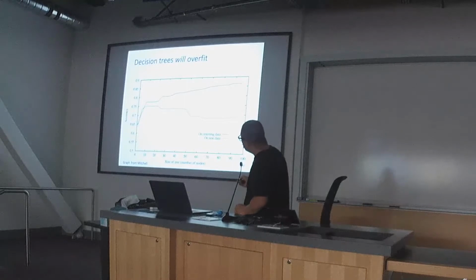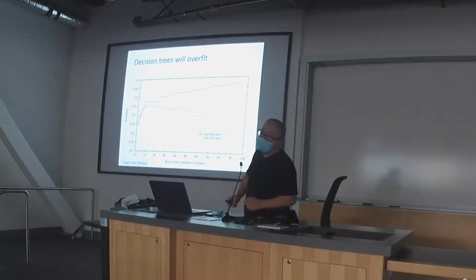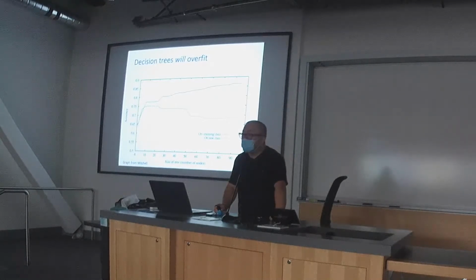As you keep growing the tree, you fit the training data better and better, and it keeps increasing, but at the same time your test accuracy is gradually decreasing. So in practice, we always try to find a good stopping point where we get the best test accuracy, because machine learning cares about the generalization performance, not only the training accuracy.